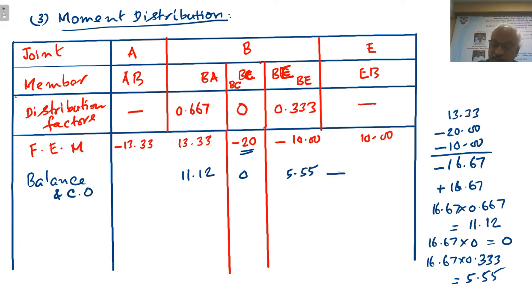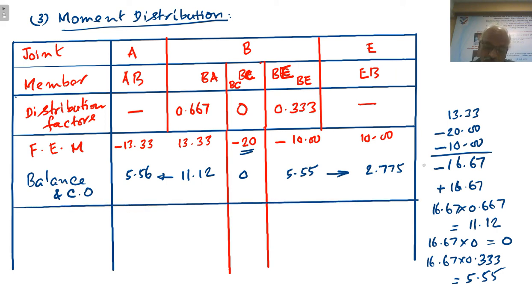So from here there will be a carryover to this end, whose value is equal to 2.775, and from here there will be a carryover of 5.56, that is half the value and of the same sign. So that is about the carryover. Now as far as this problem is concerned, balancing and carryover both are over in a single step.